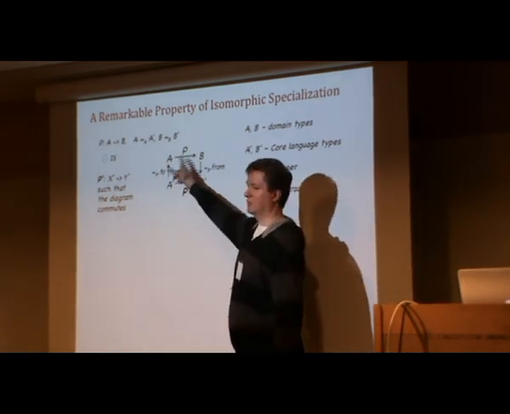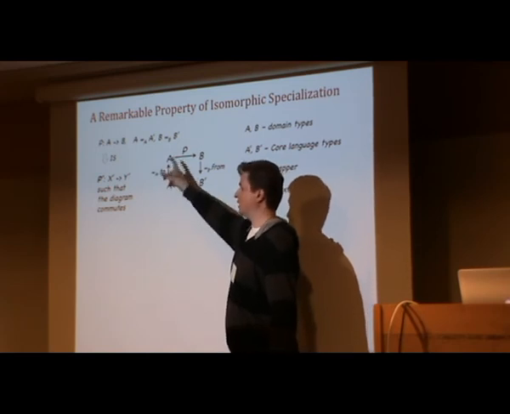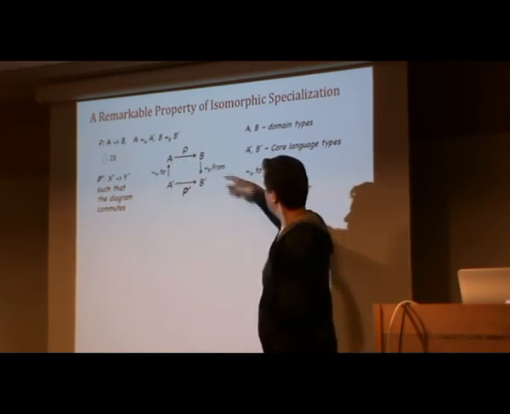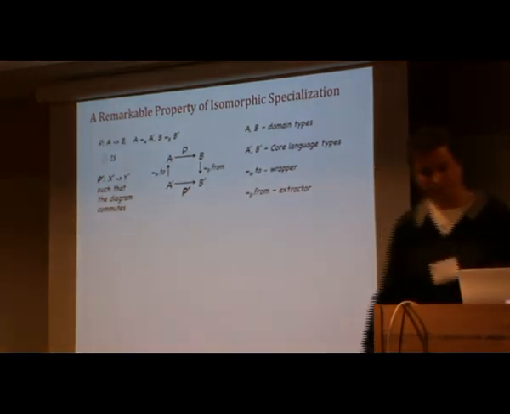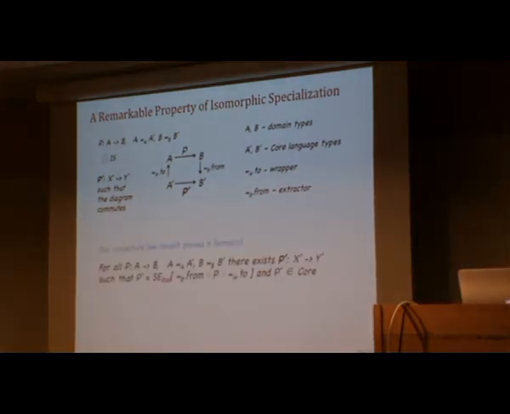Then we have this transformation from abstract type to abstract type. And then we have an extractor which takes from here to here. And the conjecture, which is proved by practical applications, is that it holds for all these combinations.